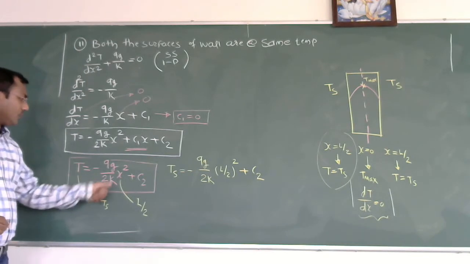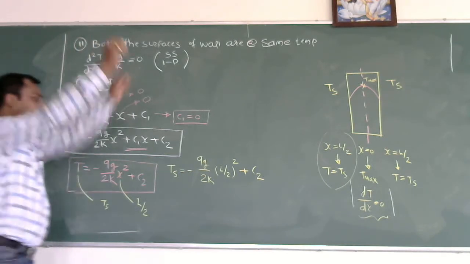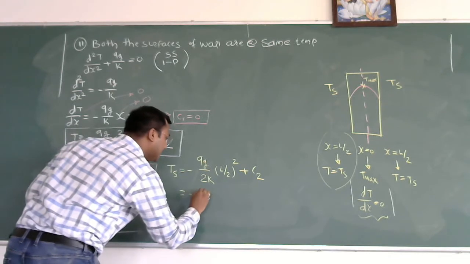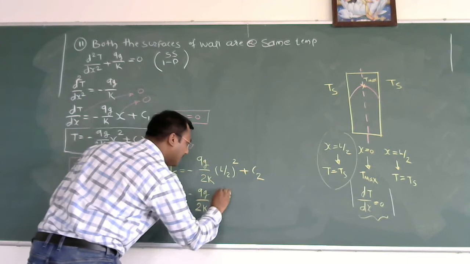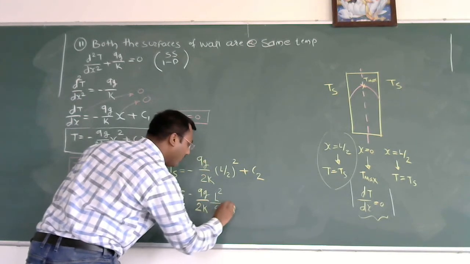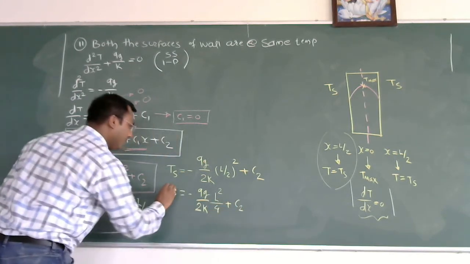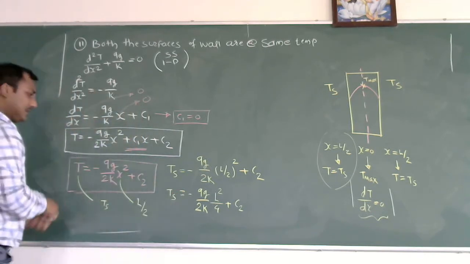So this will give me minus qg by 2k, L square divided by 4, plus c2. So this is the value of Ts.